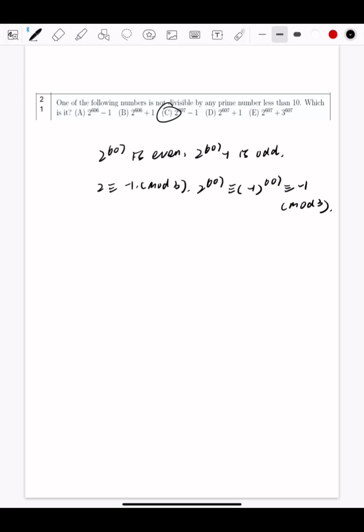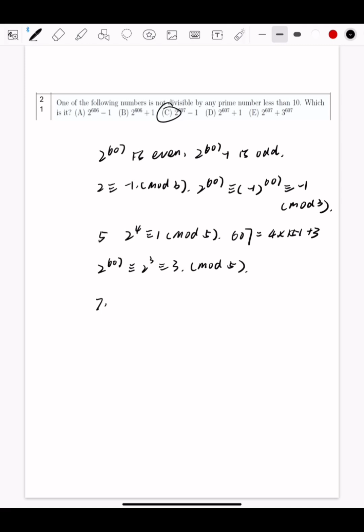And when we talk about the 5, we have, and it is not divisible by 5.